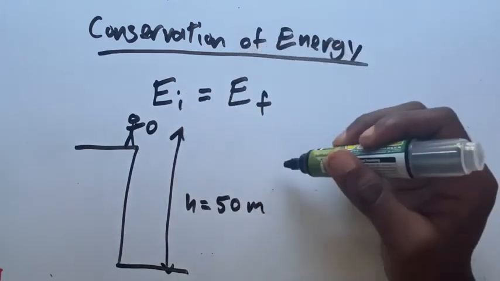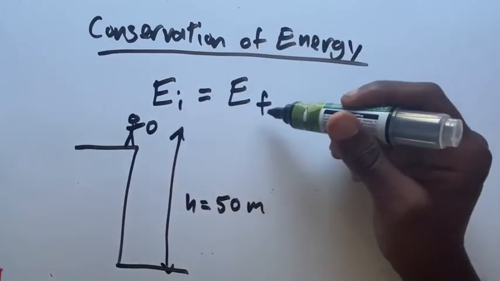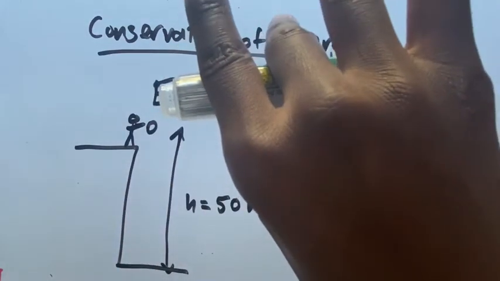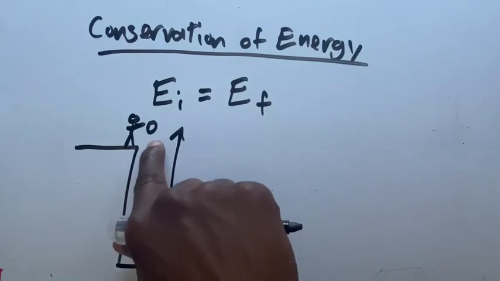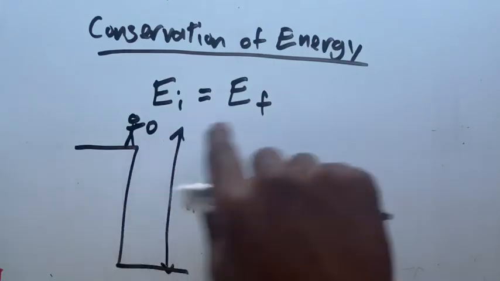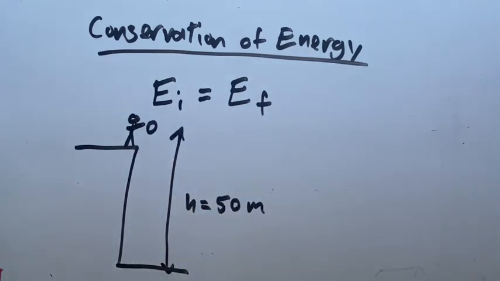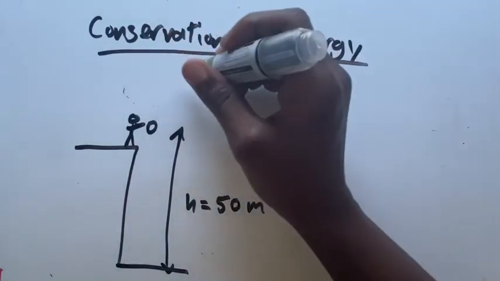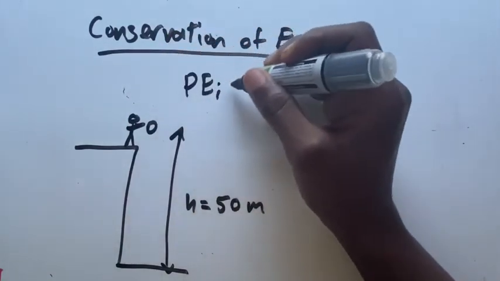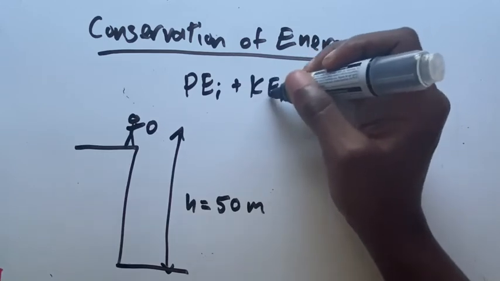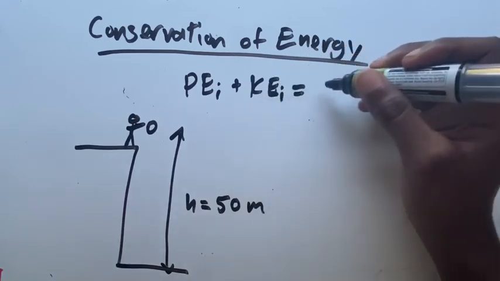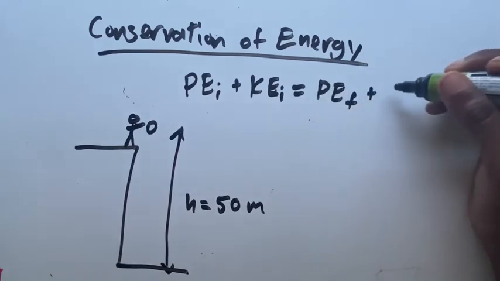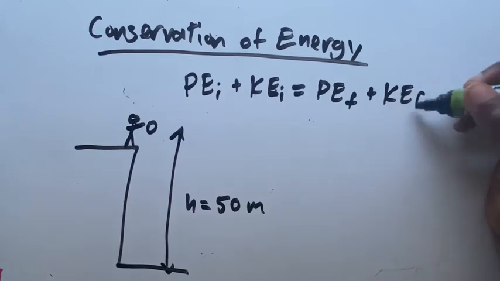So we can use conservation of energy where the initial energy would equal the final energy. If we drop the ball from rest, because we're initially holding it, the initial kinetic energy is going to be 0. Let me rewrite our conservation of energy here. Potential energy initial plus kinetic energy initial is going to be equal to potential energy final plus kinetic energy final.